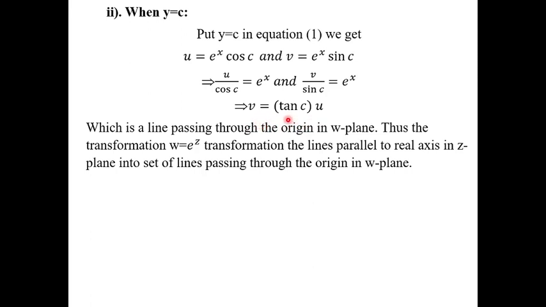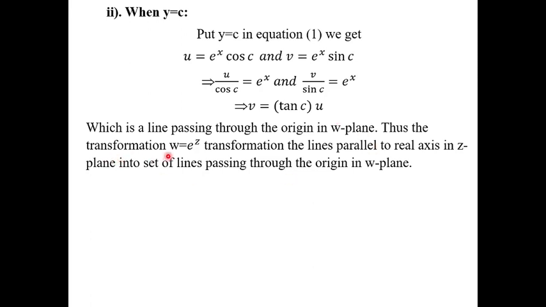M means the tangent. So this tan c is a constant, therefore it represents a straight line which is passing through the origin in W plane. So this is the equation for y is equal to c. Suppose y is equal to d, we get one more equation, v is equal to tan d into u.